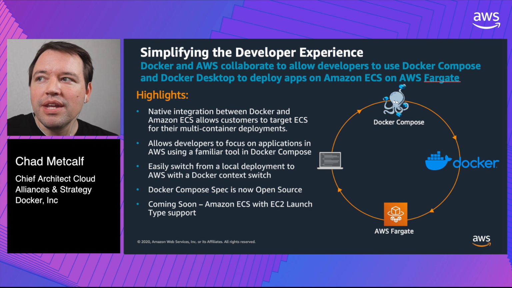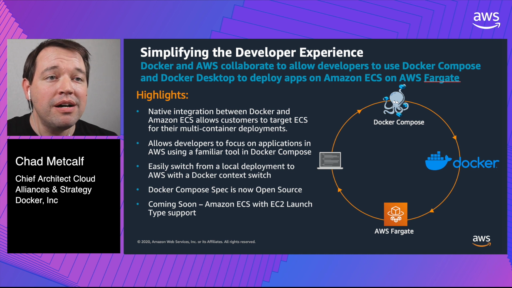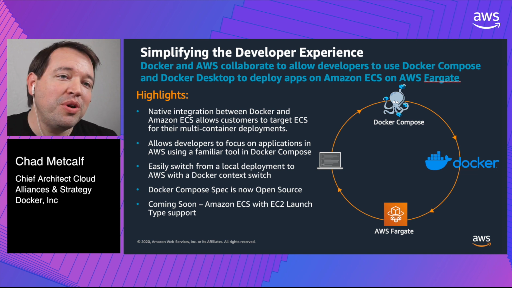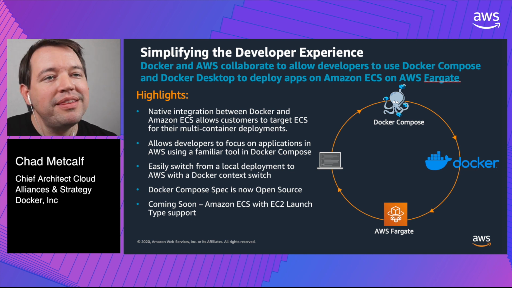So ECS becomes a part of the Docker experience. It becomes a backend that Docker knows how to deploy to. So that when you say, I want to run this container, Docker is going to ask you, where do you want it to go? And if that answer is local, great, I'll happily make that happen for you. And if the answer is remote, I'll do that as well. And there is some amount of differences, right?